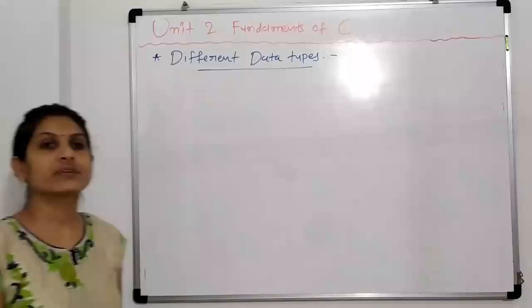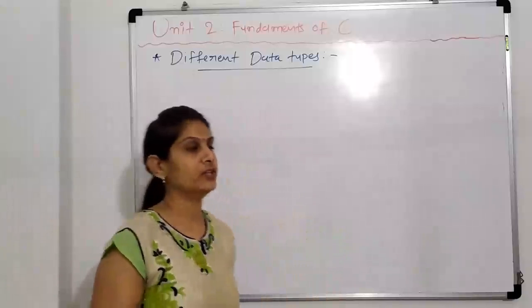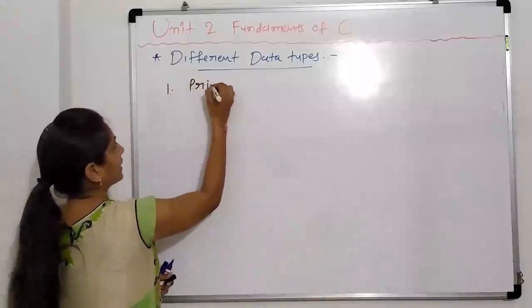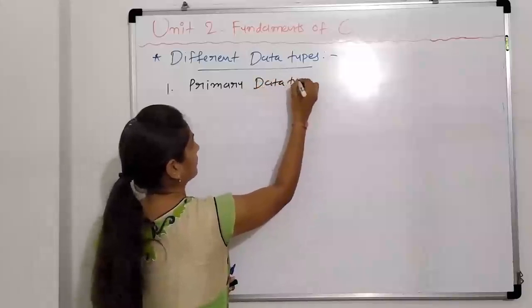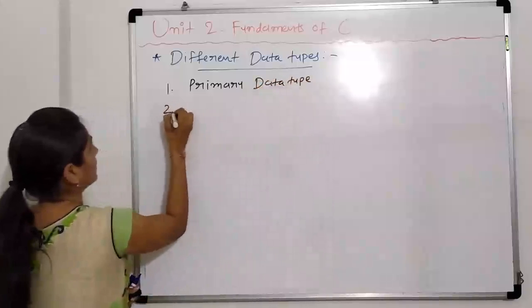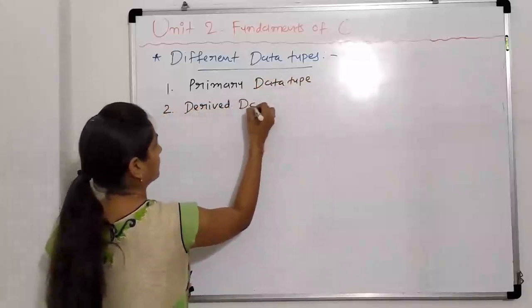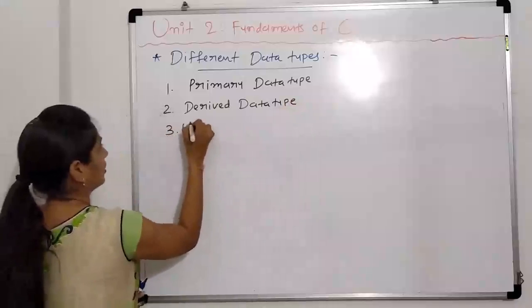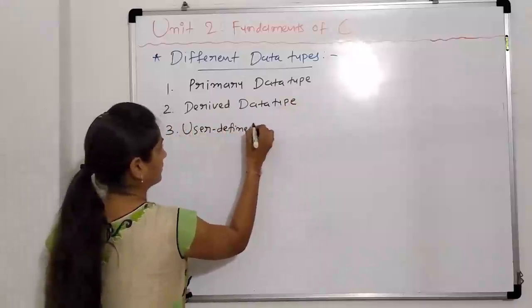There are three different kinds of data types in C language. First is the primary data type. Second is the derived data type. And third is the user defined data type.